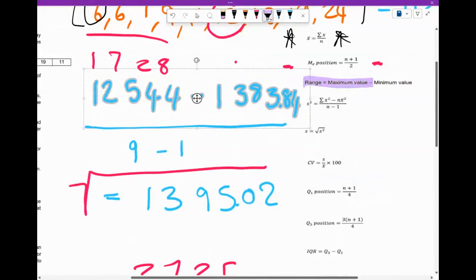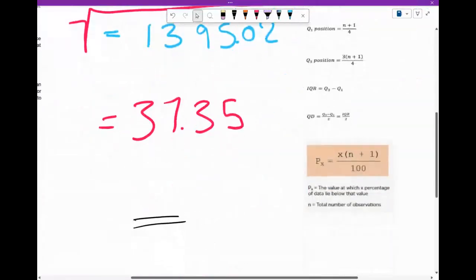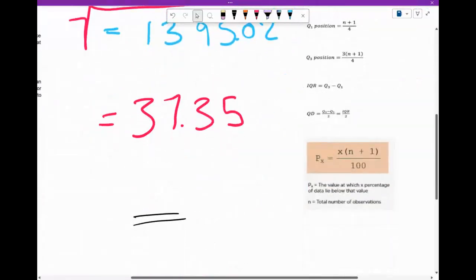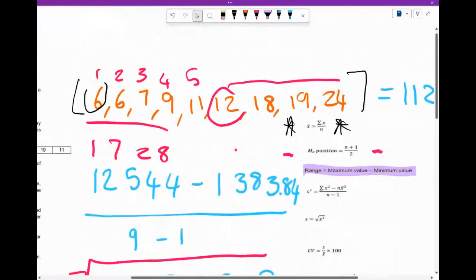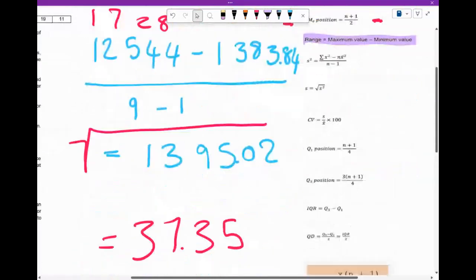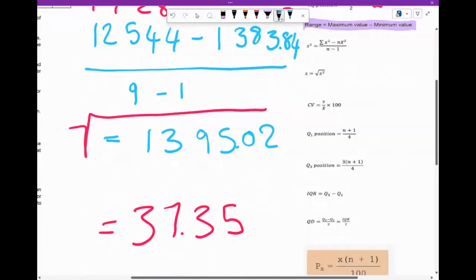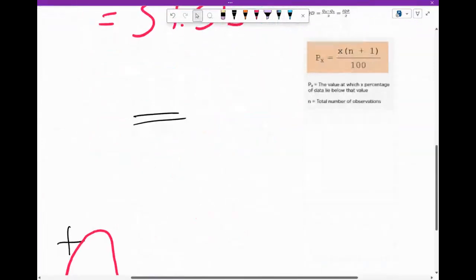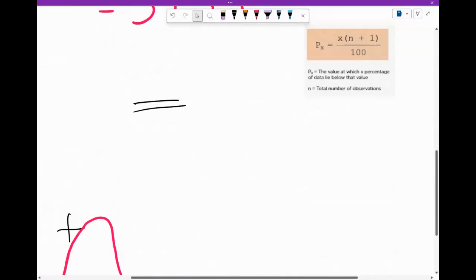Okay, so our maximum value, if we look at all our data, is 24, isn't it? And the minimum we know is 6. So 24 minus 6 gives us a range of 18.